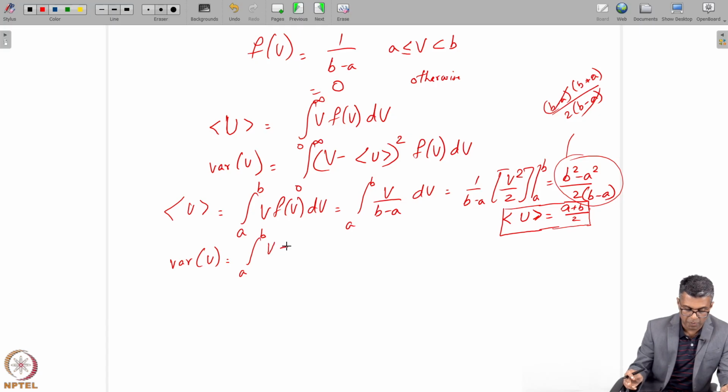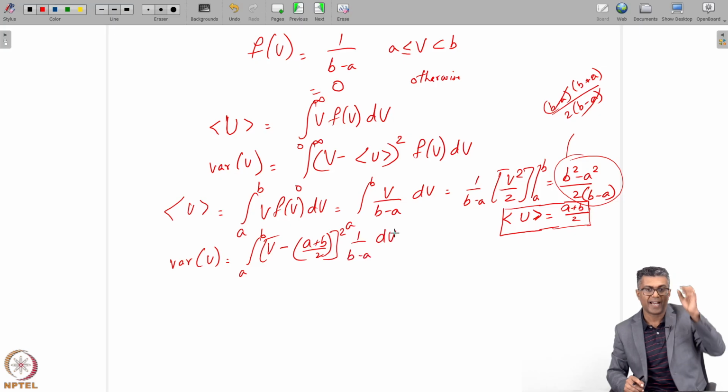It is (a + b)/2. So that would be v − (a + b)/2, correct? Like this. And this thing squared, then f of v, so 1/(b − a) dv.